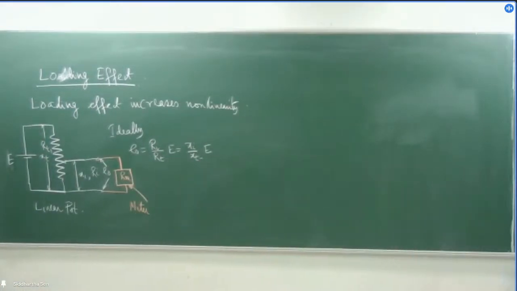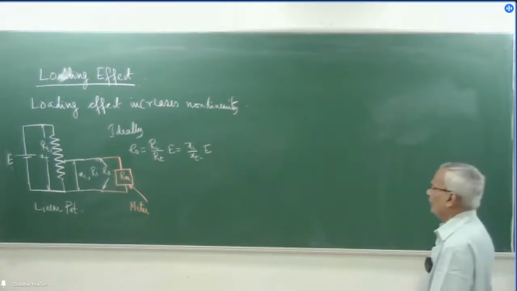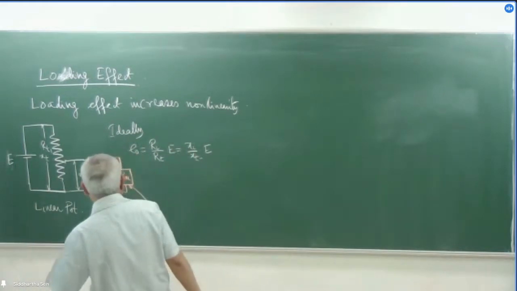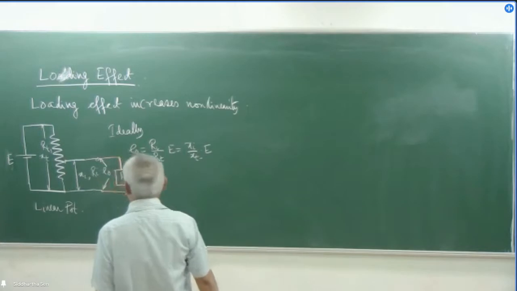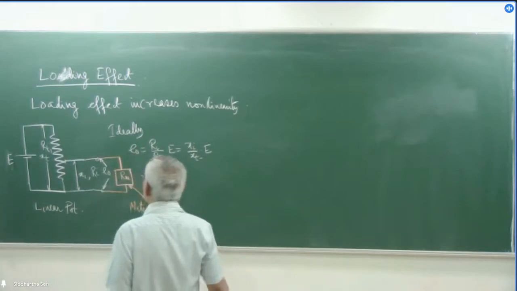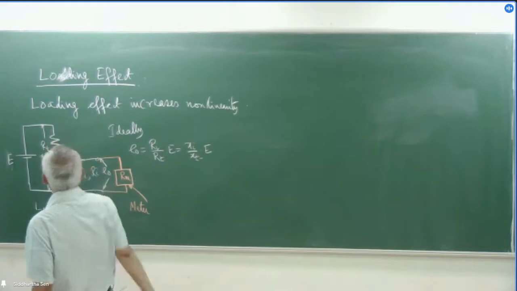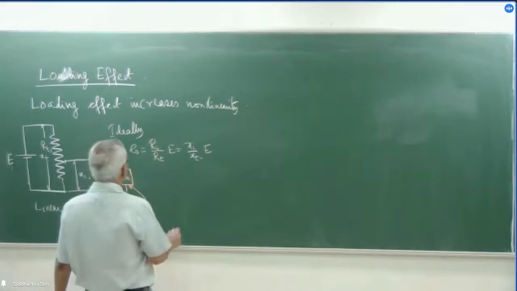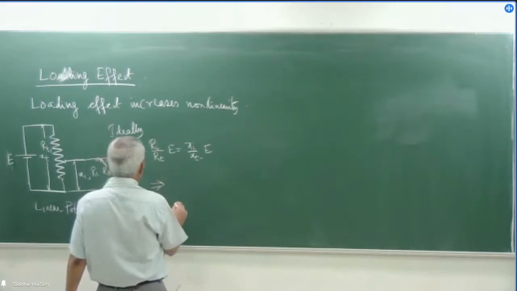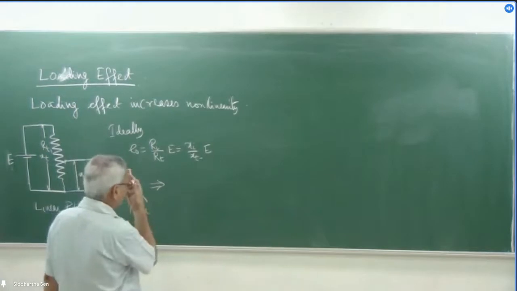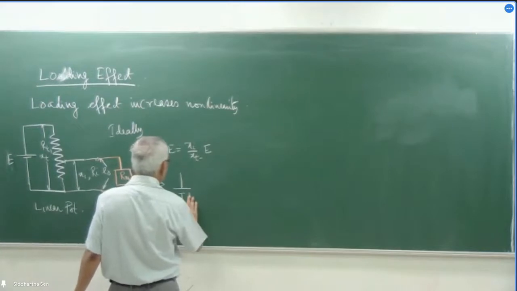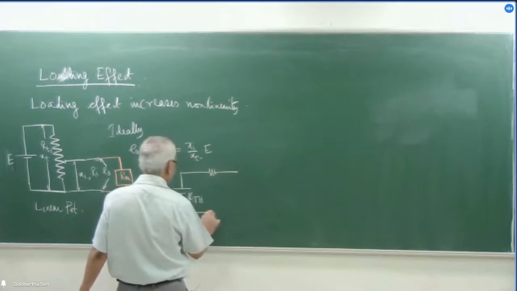And we are assuming right now that if Rm is infinitely large, it is not going to affect. But if Rm is not that large, so it is comparable with the potentiometer resistance, then what will happen? If we try to find out the value of E0, we can draw the Thevenin's equivalent circuit.